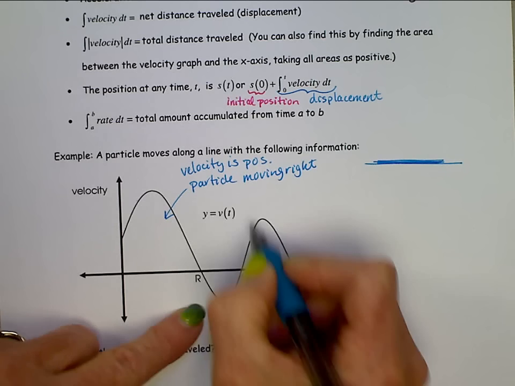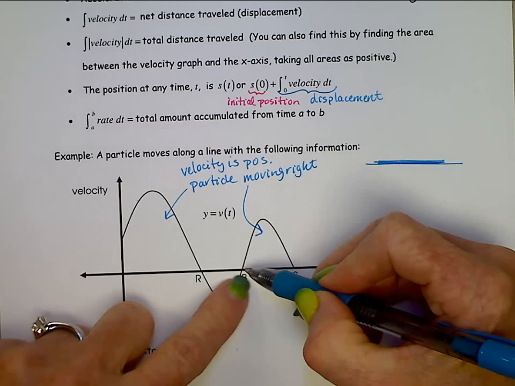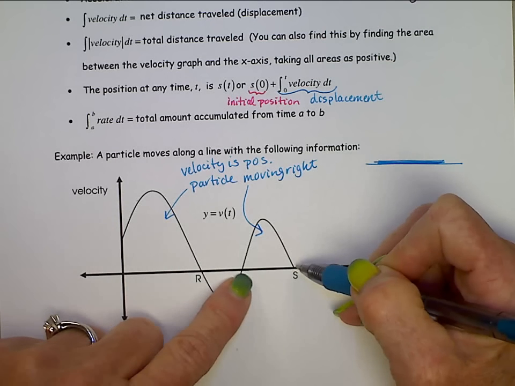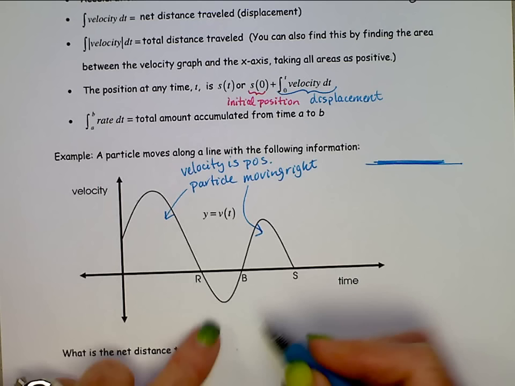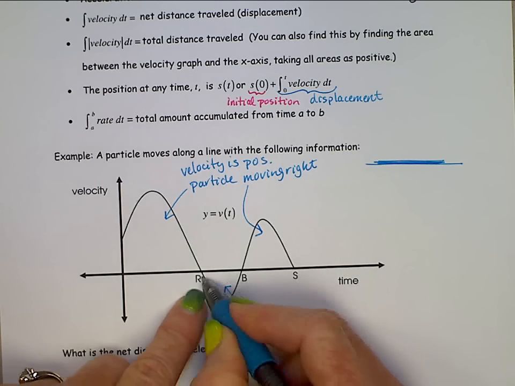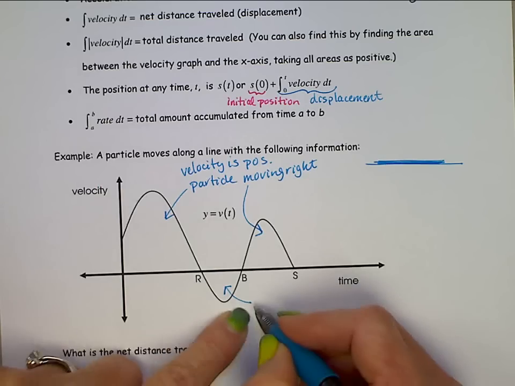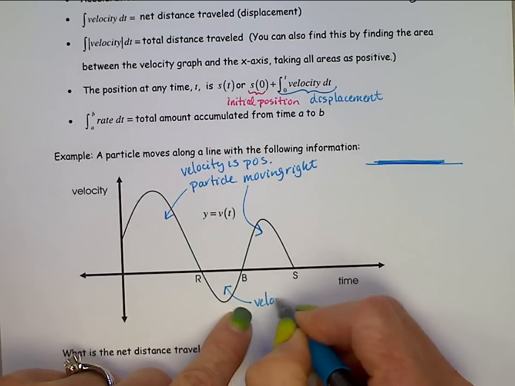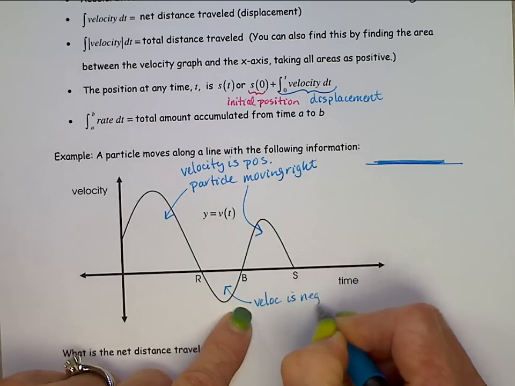Also, this section here as well. Velocity positive, so the particle is moving to the right. This piece down here, between time r and time b, velocity is negative, so the particle is moving left.